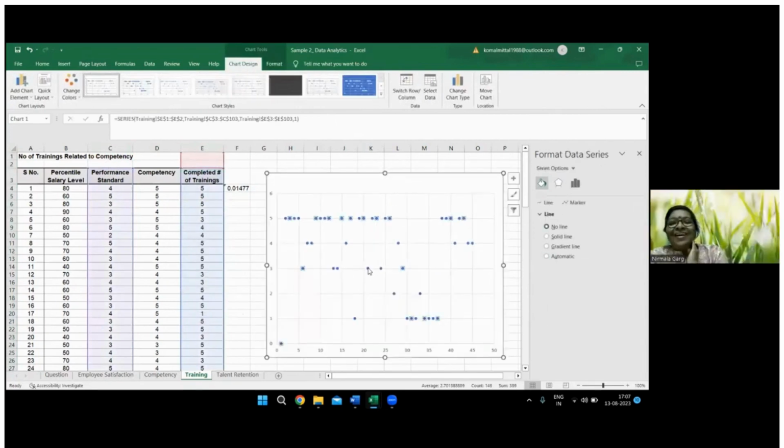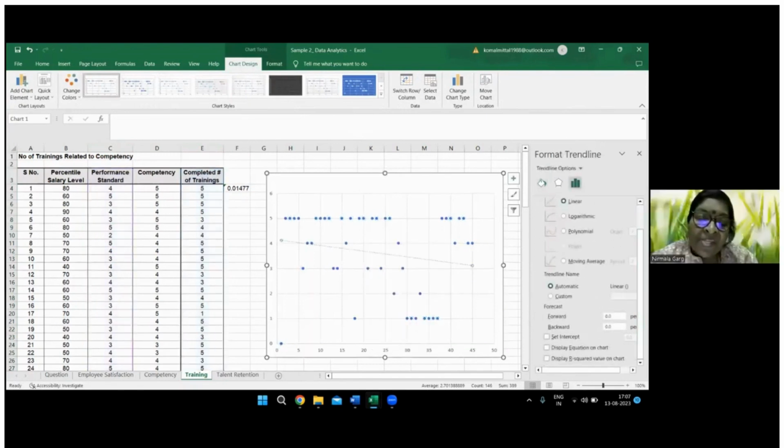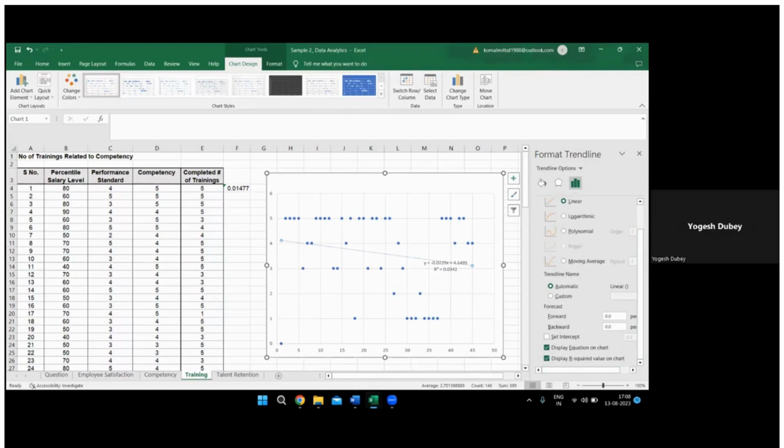No correlation. Absolutely zero. Just running some programs will not cause improvement in performance. You have to be very specific with the kind of programs you run, which are competency based and relevant to the role. That means just by running a number of training programs, that's not going to have any impact on performance. Got it?